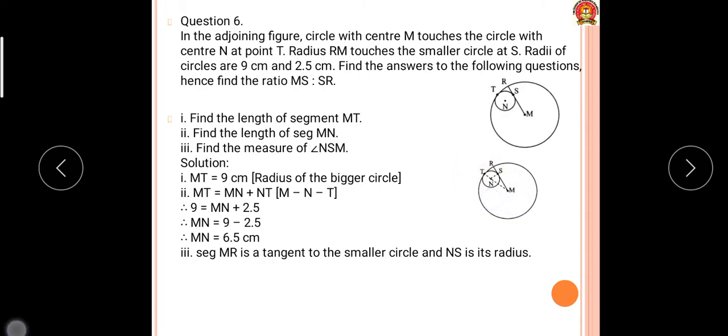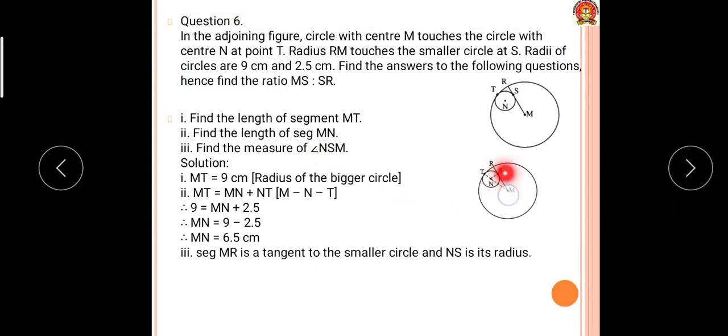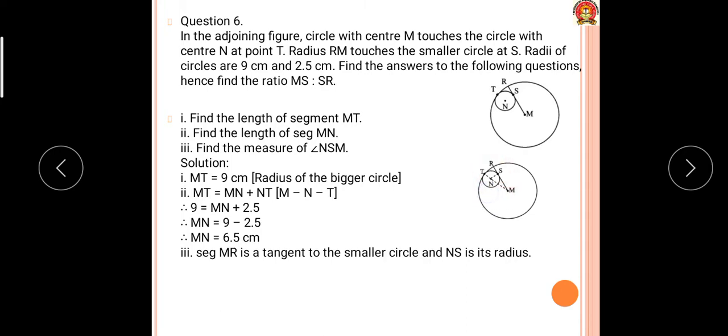Therefore, MN is equal to 9 minus 2.5, that is 6.5. Now we got this. Now last is angle NSM. Obviously S is a point of touching, MR is a tangent to the smaller circle because it touches. Therefore this is 90 degrees.